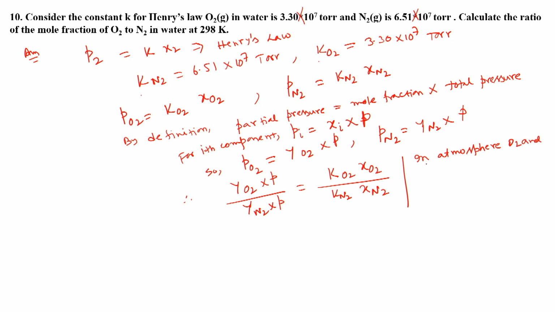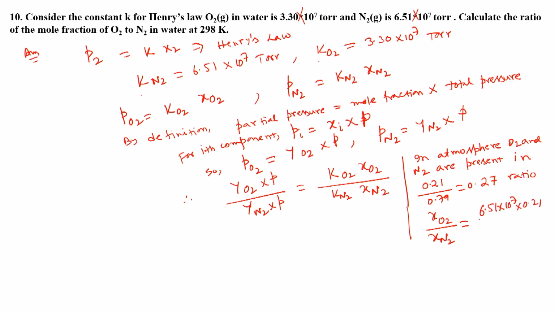In the atmosphere, O2 and N2 are present in the ratio 0.21 by 0.79. So XO2 by XN2 will be 6.51 times 10 to the 7 times 0.21 by 3.30 times 10 to the 7 times 0.79.